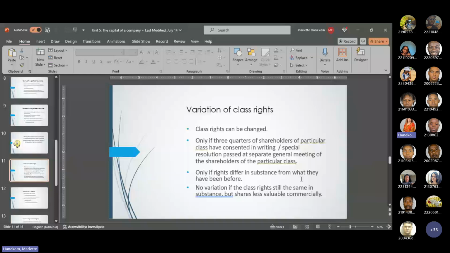Your resale value of your shares is not a right. What is a right is the percentage of dividends that you receive, or the number of votes that you have at a meeting, that type of thing. Those are rights.